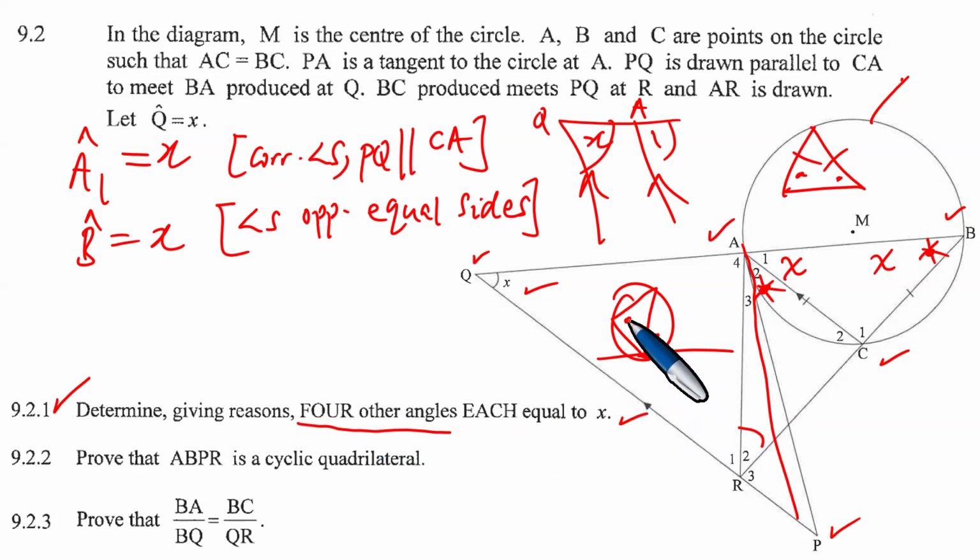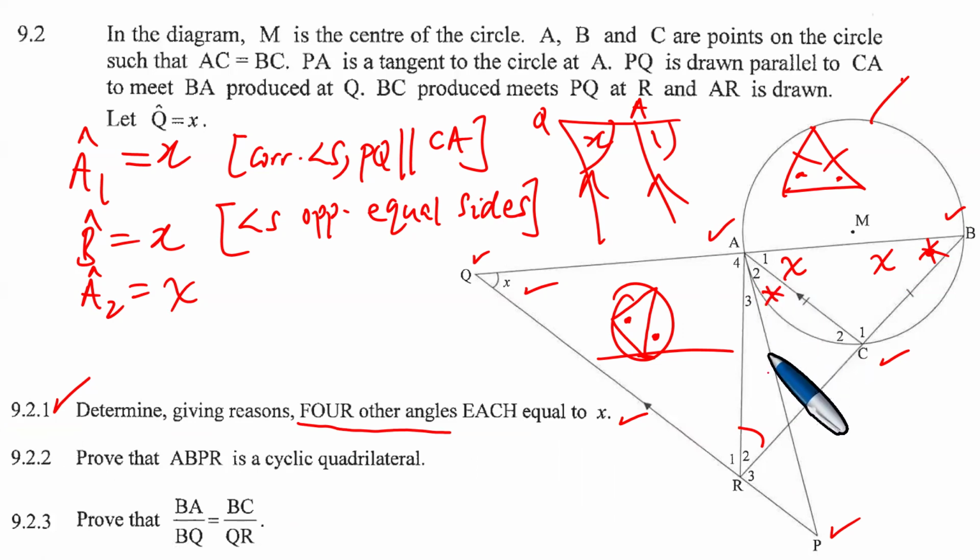So in the end, the angle A2 is equal to X. Here is the angle A2, and it is an angle between a tangent to a circle and a chord, equal to the one in the alternate segment. This is the tan-chord theorem.